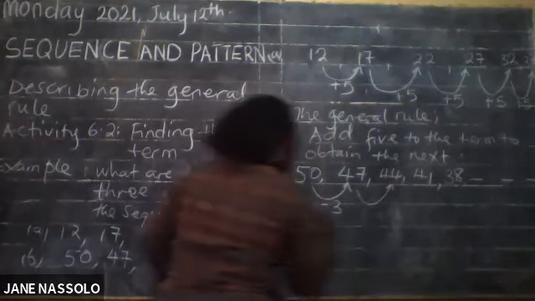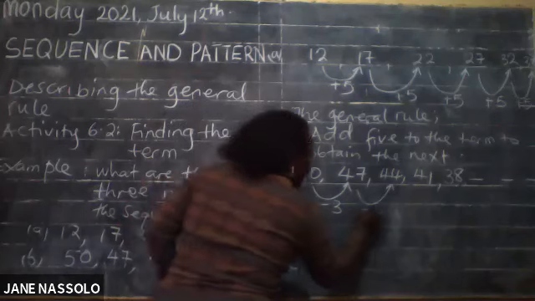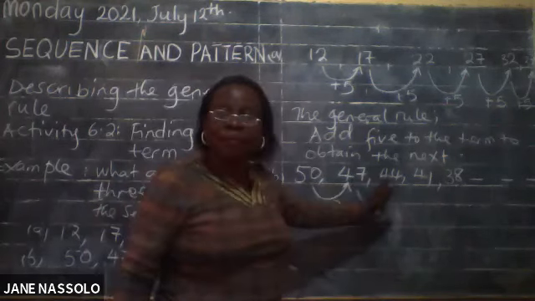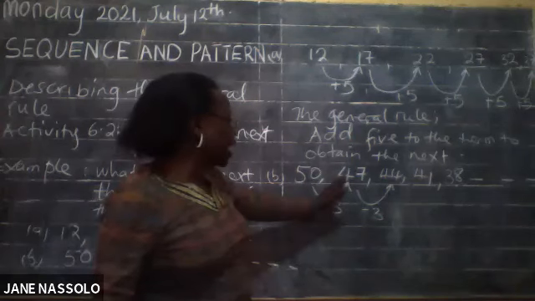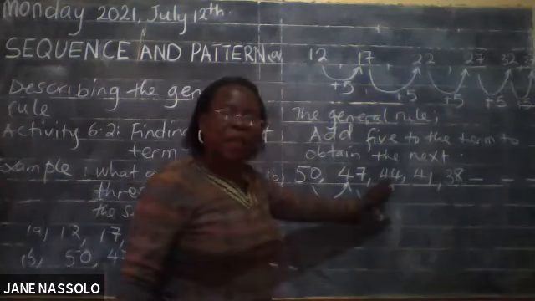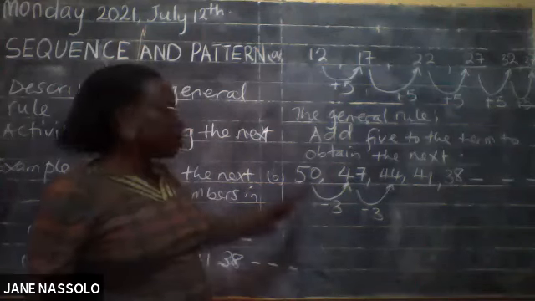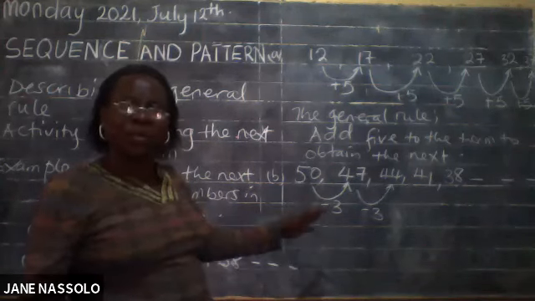If we are subtracting 3, subtract 3 from 47, does it give us the next term? Yes, so it has worked for the first pair, it has worked for the second pair. Since we still have some other numbers, we may not use the first 2 pairs to conclude the general rule.